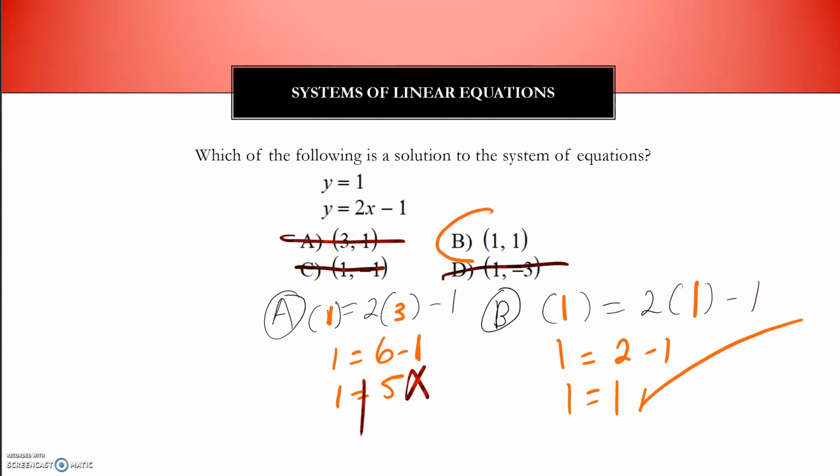So the solution to this system is (1, 1), and that is the only solution. You can't have 2, you can't have 3. It's either 1, infinite, or none. Because we were given y equals 1 to start with, we know it's got to be one solution. For infinite, they would be the exact same equation, and for no solution, I wouldn't be able to even have found y equals 1.